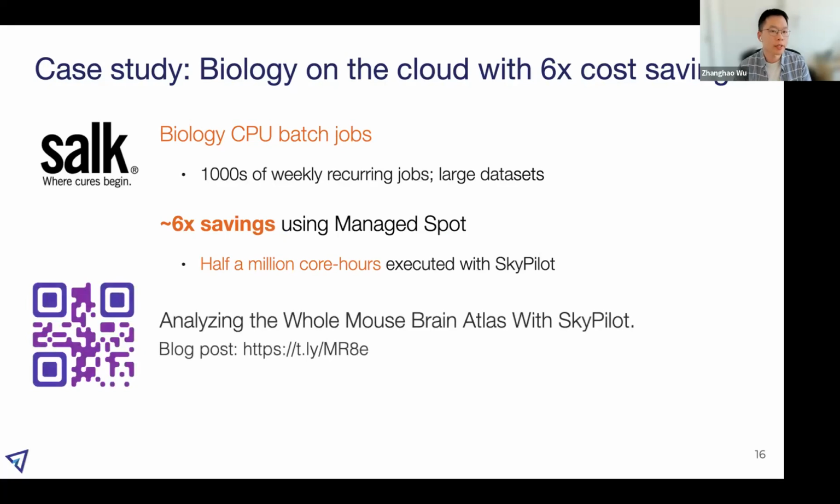If you're interested in the details about how they use SkyPilot to do the analysis for the whole mouse brain atlas on the cloud, please check out this blog post, where Han Qing, the researcher at the Salk Institute, wrote about the details of how they do it.